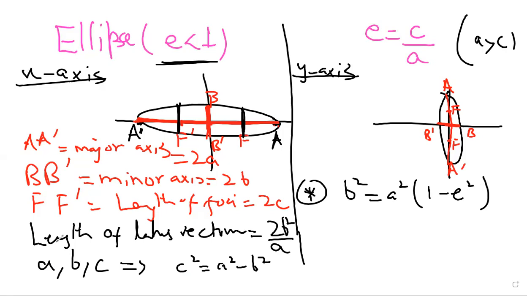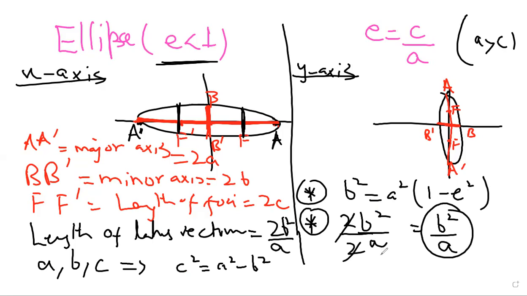If, for example, in the question it's mentioned, what is the length of the semi-latus rectum, then it will be B square upon A, because it will be divided by 2. And this 2 and this 2 will be cancelled. The length of the semi-latus rectum will be this one. These facts are common between both the axes, x-axis and y-axis.